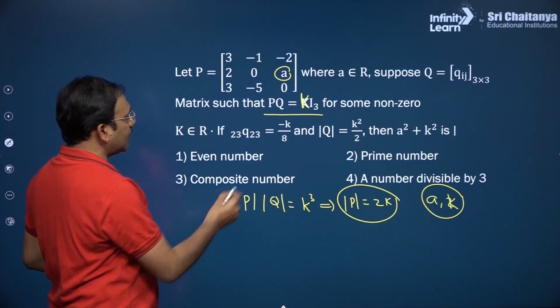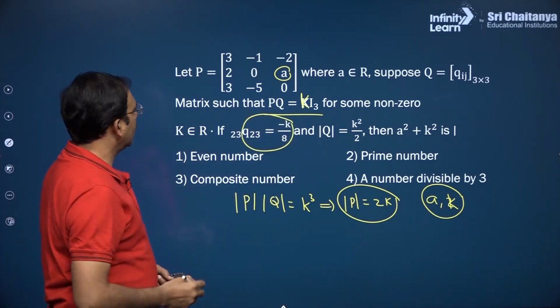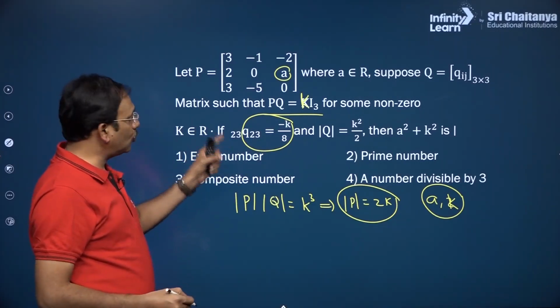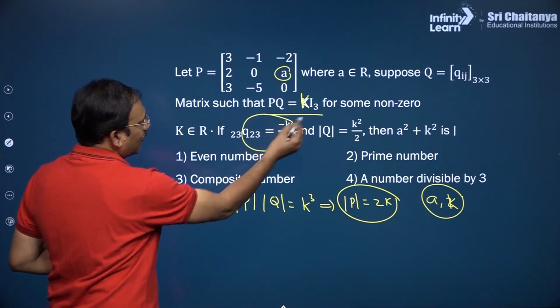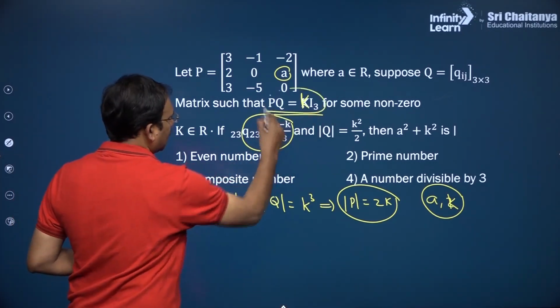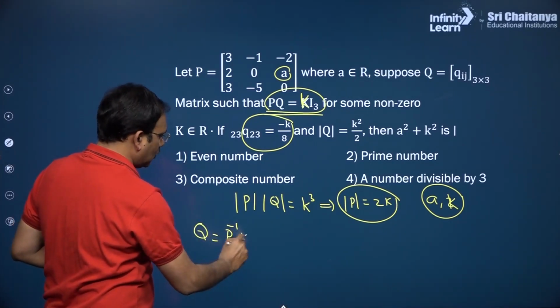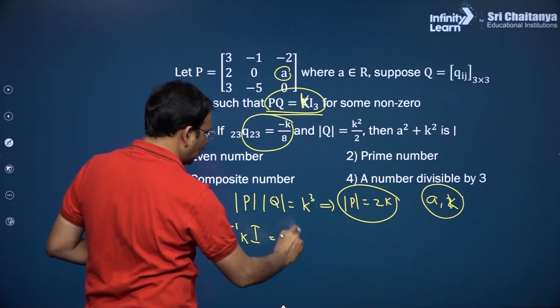Similarly, the second data given is that in the matrix Q, Q23 is minus k by 8. You see, from this relation Q can be written as P inverse into k, where k is a number, into I, which I can say is k into P inverse.